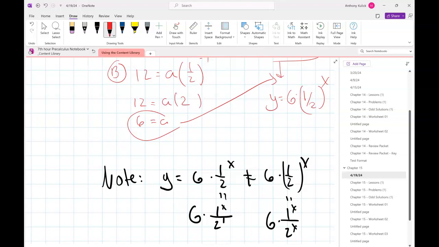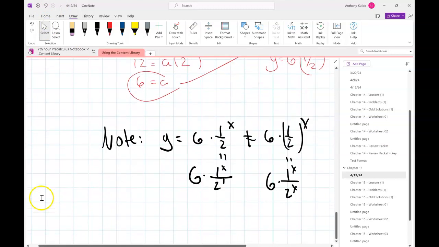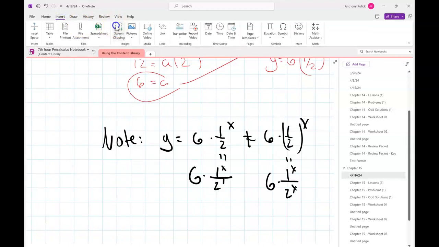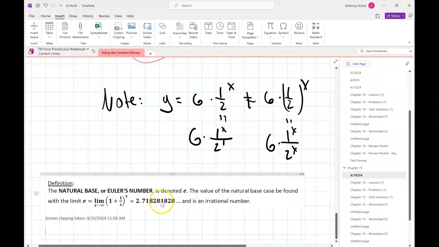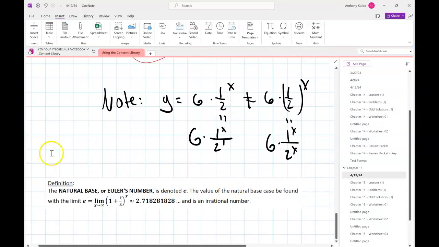So of all the possible numbers that we can use for the base of our exponential, there's one number that is special. It gets a special name, it gets a special symbol. That number is called the natural base, or Euler's number.